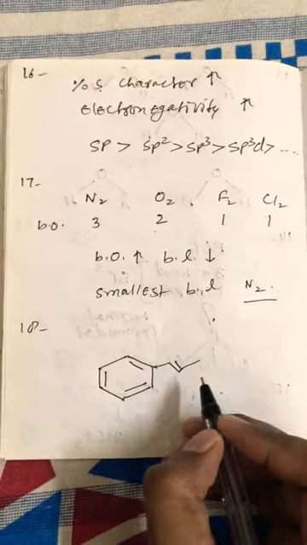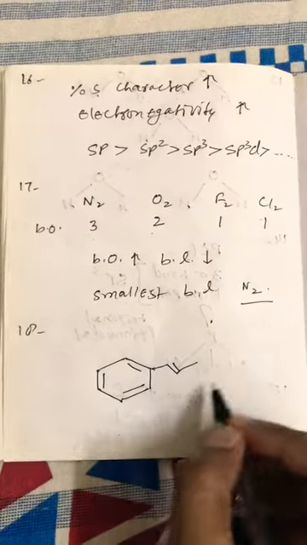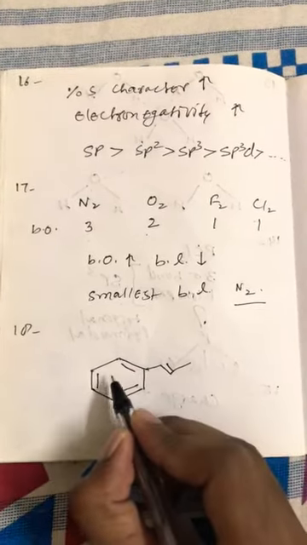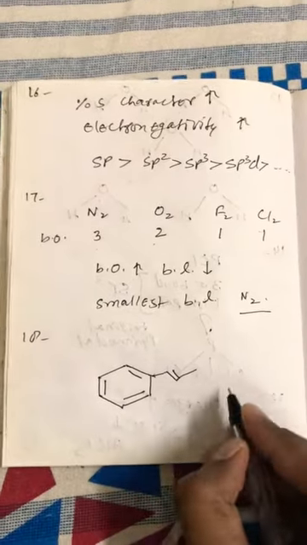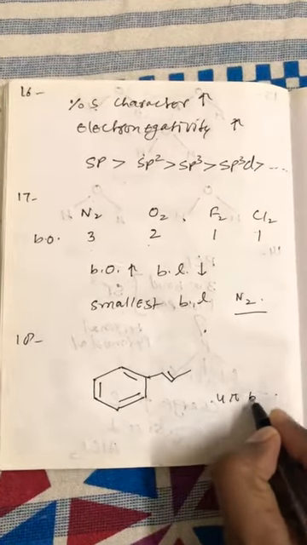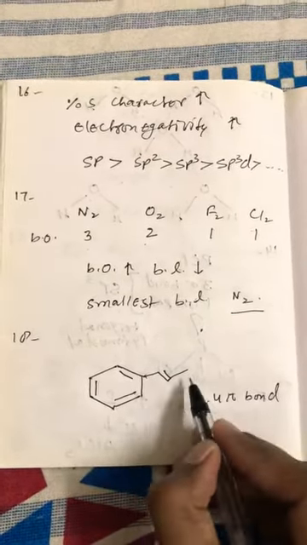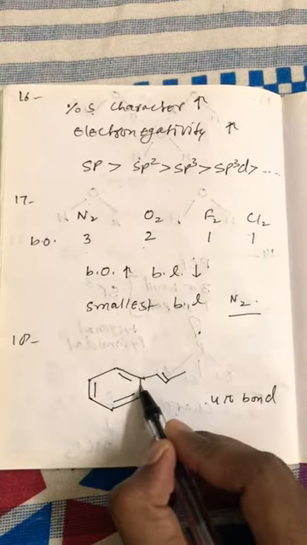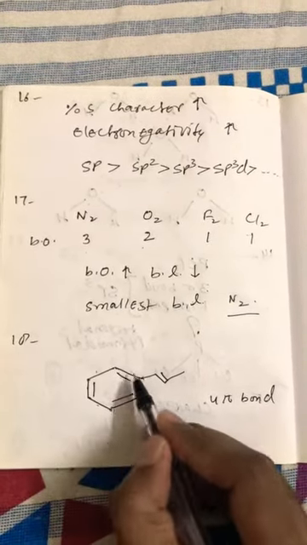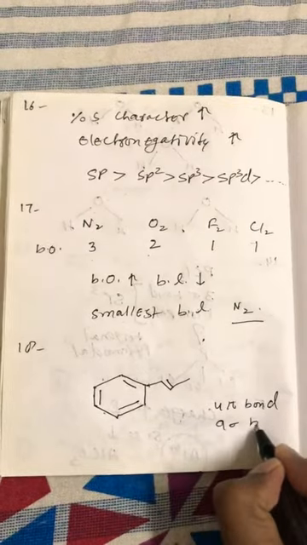Question number 18. Now we have to determine number of sigma and pi bond in this molecule. So 1, 2, 3 and 4, we have 4 pi bond, and sigma will be 1, 2, 3, 4, 5, 6, 7, 8, 9. 9 sigma bond.